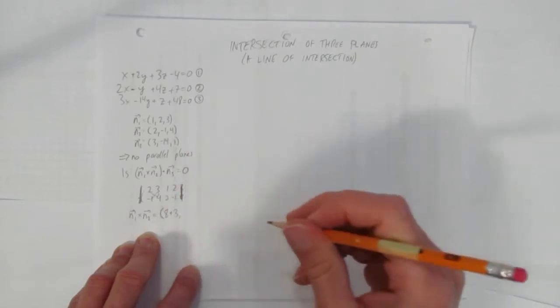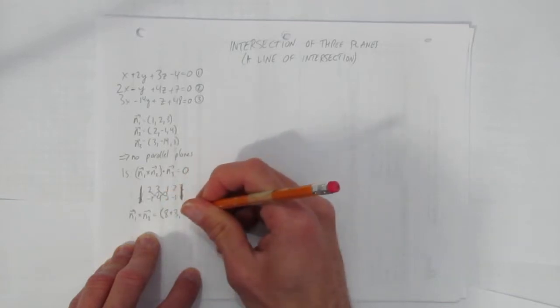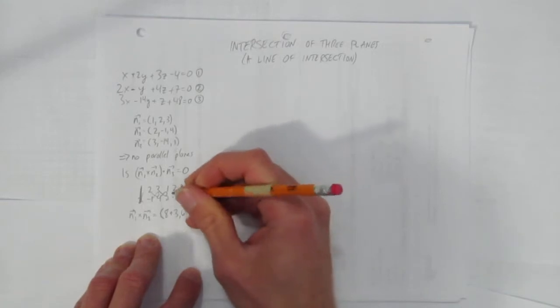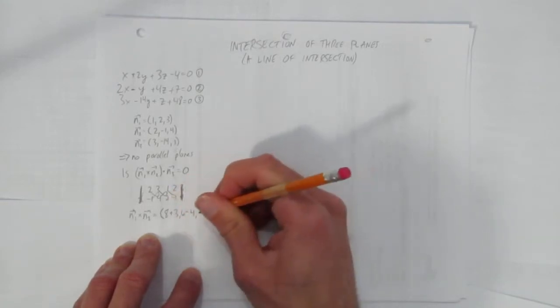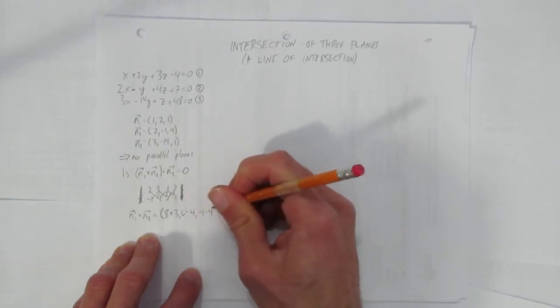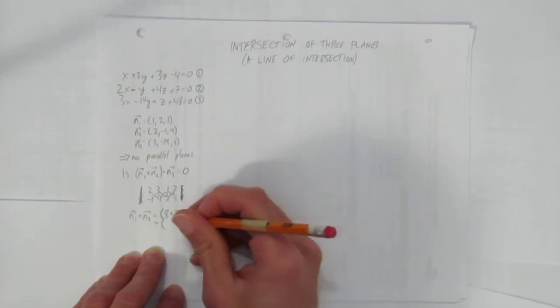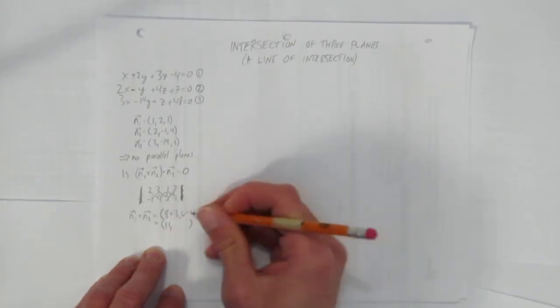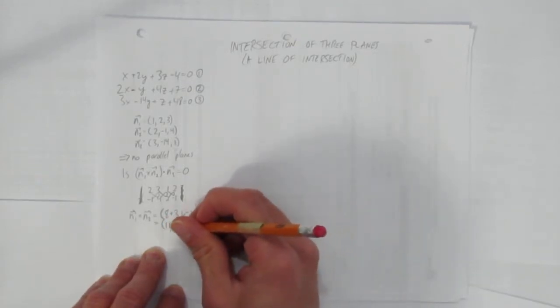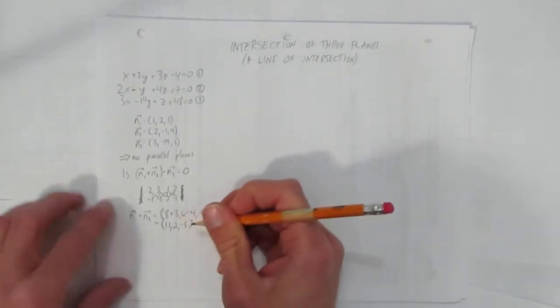So you get plus 3 there. Do the fish again. 3 times 2 is 6, minus 1 times 4 is 4. So I get 6 minus 4. And then 1 times negative 1, that's negative 1, minus 2 times 2, that's minus 4. So when I did n1 crossed n2, I got 8 plus 3 is 11, 6 minus 4 is 2, and negative 1 minus 4 is negative 5.